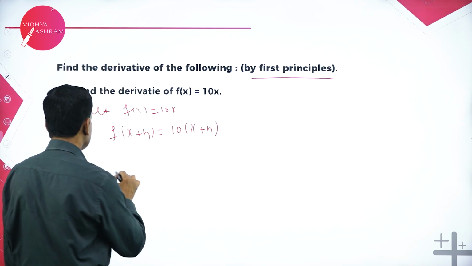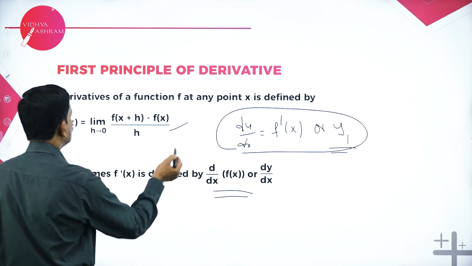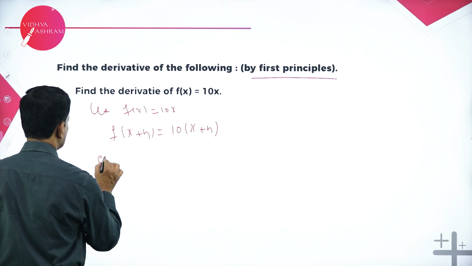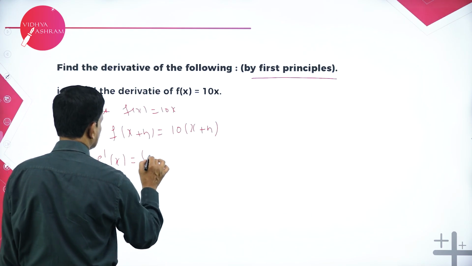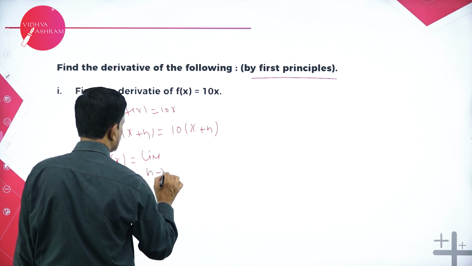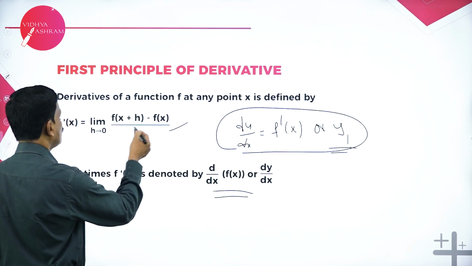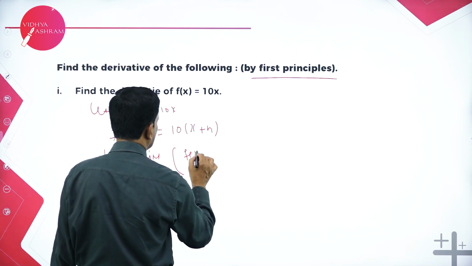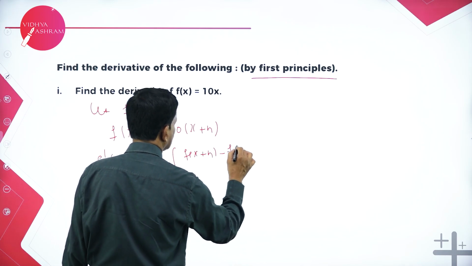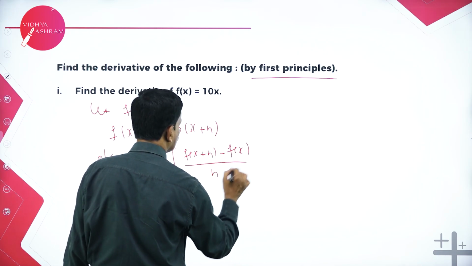Now by definition, what is the definition? f dash of x is equal to limit h tends to 0 of f of x plus h minus f of x divided by h.